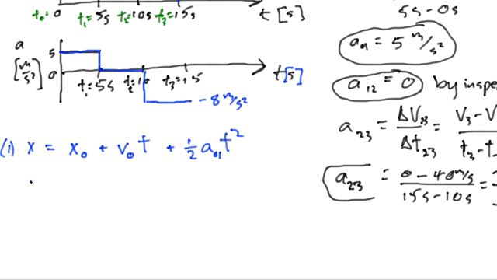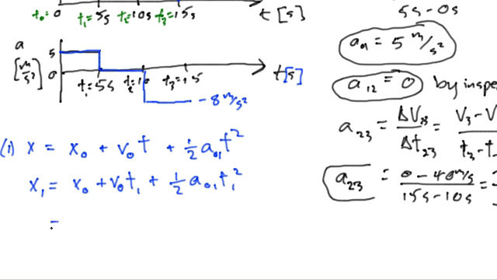So I'll go ahead and solve for that. That'll be x0 plus v0 times t1. So t1 is 5 seconds. I mean, in this function I'll be using values of t from 0 to 5 seconds. But plus 1/2 a01 times t1 squared.